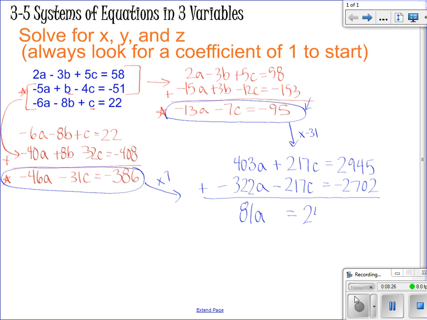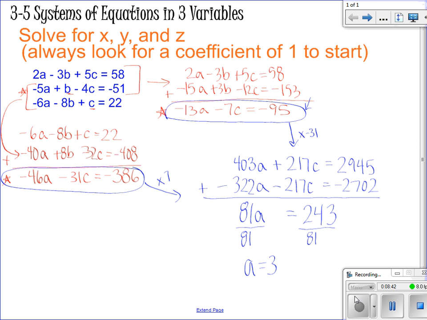If we divide by 81, three. The rest of it is just simply substituting the number in, solving for another variable.